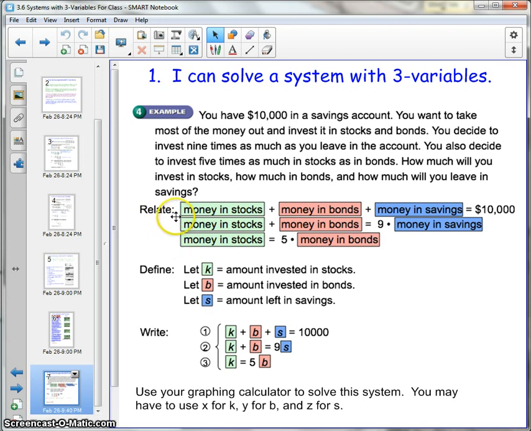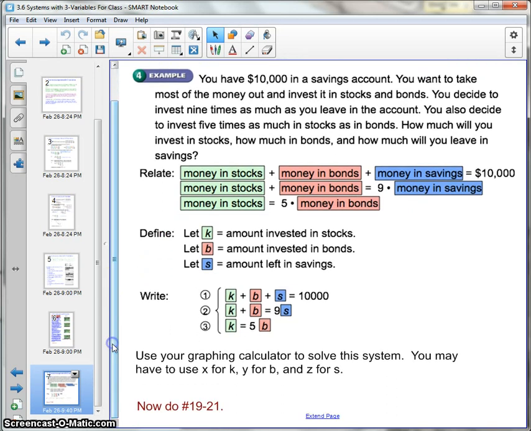So now that we related each of those sentences, we are going to have to define our variables. We let K equal the money in the stocks, B equal the money in the bonds, and S equal the money in the savings. With our 3 different variables, we're going to write our 3 equations. So we have stocks plus bonds plus savings is equal to 10,000.